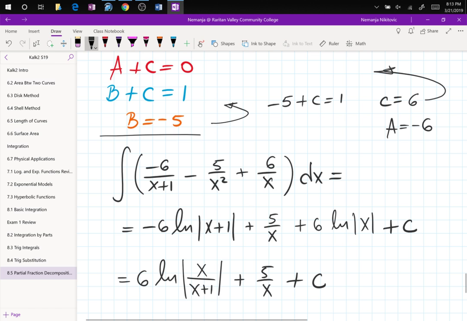And then when you have 5 over x squared, it's a negative 2, it becomes negative 1, so it becomes a positive, so 5 over x. And then I combined these together as ln of x over x plus 1, using the log rules. We don't have a calculation here, so we just leave it right there. And that's it.